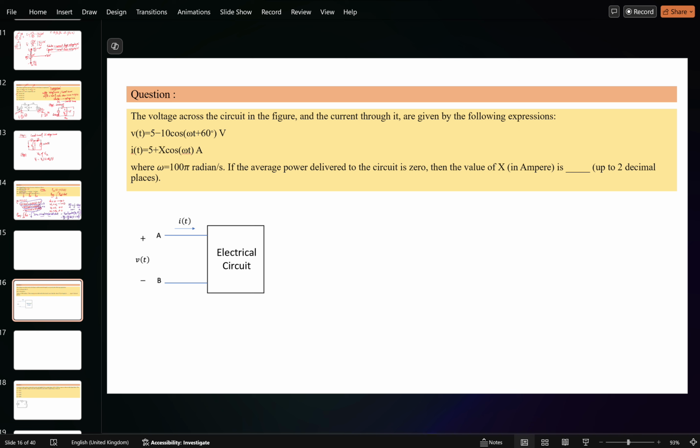Use that concept. DC multiplied by one frequency is zero, and if you are multiplying two different frequency terms also, that average will be zero.